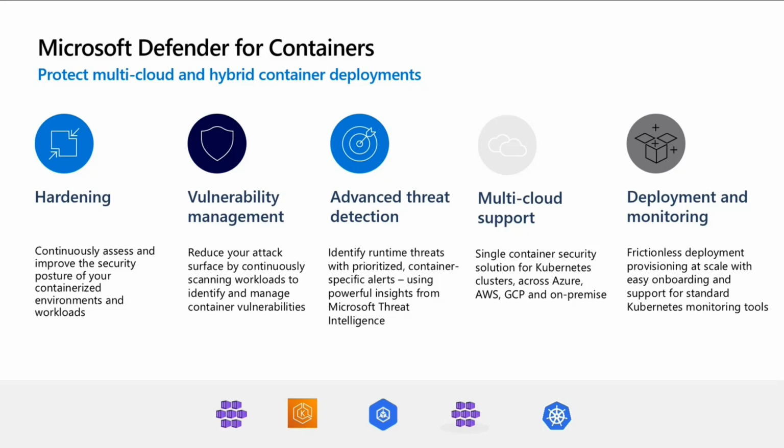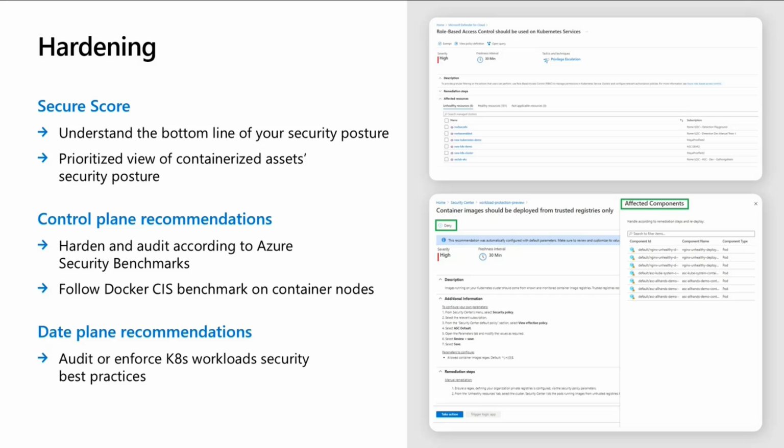It also provides you with vulnerability assessment scanning for images that are stored in our ACR registries and running in Azure Kubernetes Service. It also has runtime protection for nodes and clusters. It has threat protection for clusters and Linux nodes, and it generates alerts for any kind of suspicious activities. Again, I will show you during the demo where you can go and configure this, even for AWS and GCP as well.